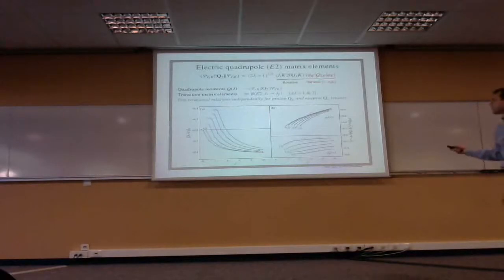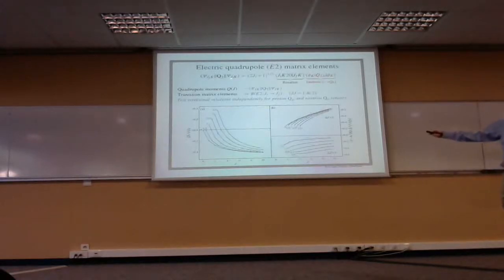And again, depending on K, you can plot out what these Clebsch-Gordan coefficients are. For a K equals 0 band, you'd have these quadrupole moments as a ratio to the intrinsic quadrupole moment, the intrinsic matrix element. Again, the transitions would be proportional to that same intrinsic matrix element. You have delta J equals 2 transitions.